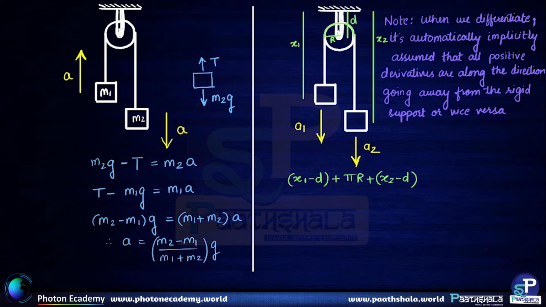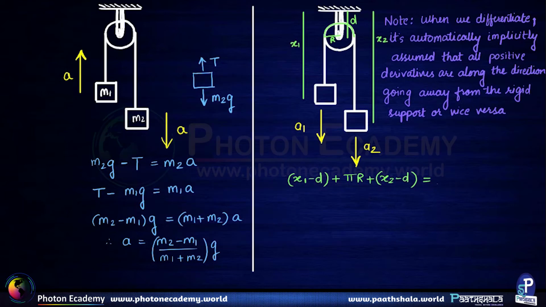So x1 minus d happens to be this value. This right hand side value of the length of the string is x2 minus d, and pi r is this much part of the length of the string. So the total length of the string happens to be x1 minus d plus pi r plus x2 minus d. d happens to be the distance of the center of the pulley from the rigid support. So this is L, the length of the string.